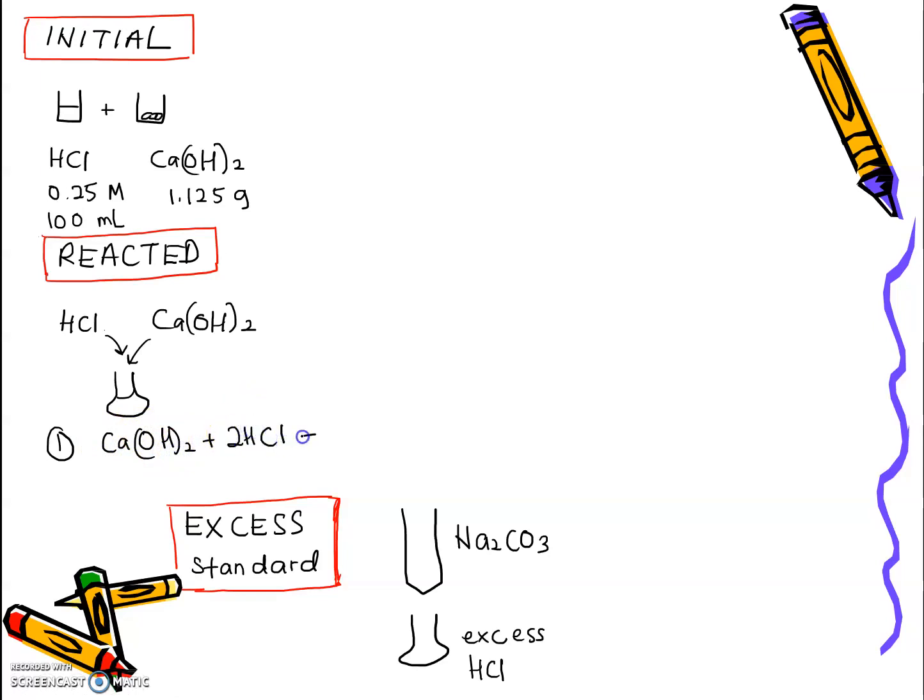So the product is calcium chloride plus 2 mole water. Okay. So after the reaction occurs, all the analyte in the sample has reacted. Then the excess acid, excess HCl, is titrated with another standard solution. So in this case it is sodium carbonate standard solution.